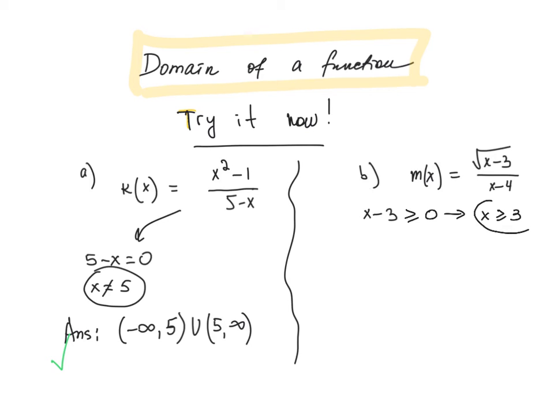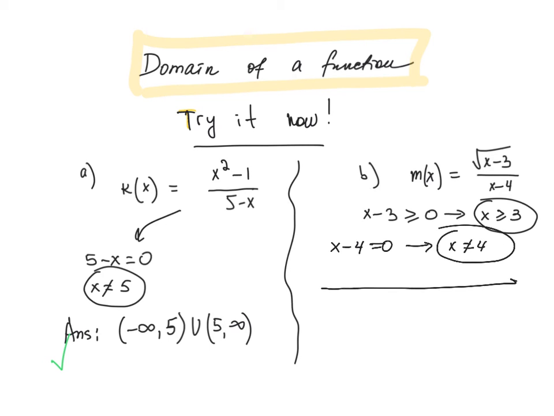I'm just going to circle that for myself. Next, let's move on to our denominator. What makes this denominator 0? x equals 4. But you do need to show your work. So you say x minus 4 equals 0, or when x is 4. Well, let's say x is not equal to 4 because it is a bad number.